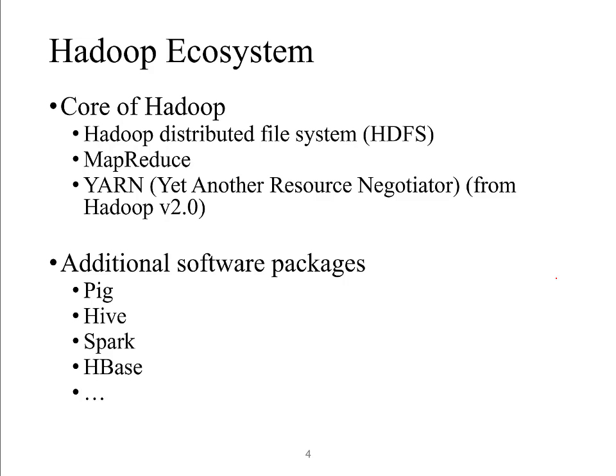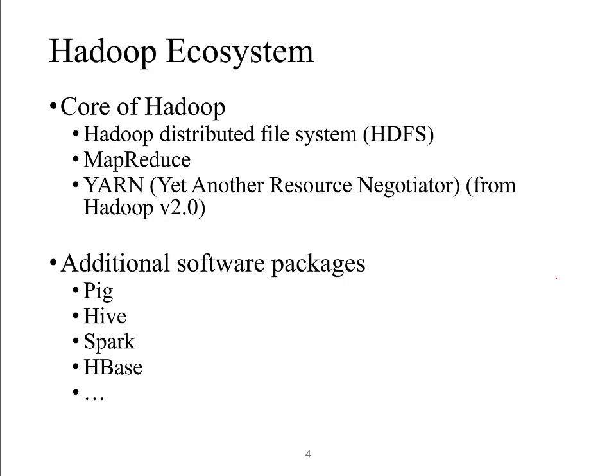So the Hadoop ecosystem. Now, I mean, it's 14 years later, no longer Hadoop version 1. We are here at Hadoop v3. So basically, we have a whole ecosystem of Hadoop. But the core part is the Hadoop Distributed File System, which is HDFS, to be introduced today.